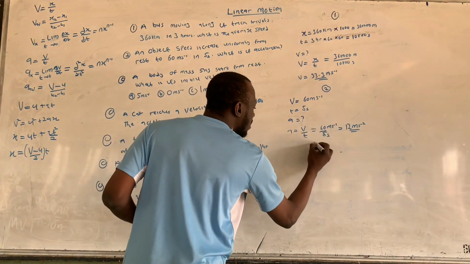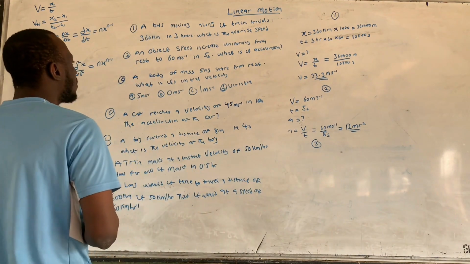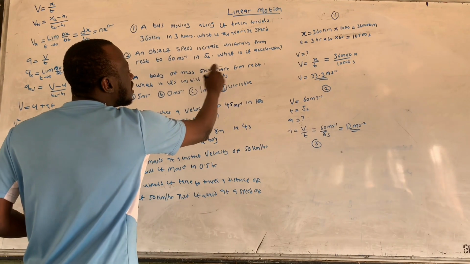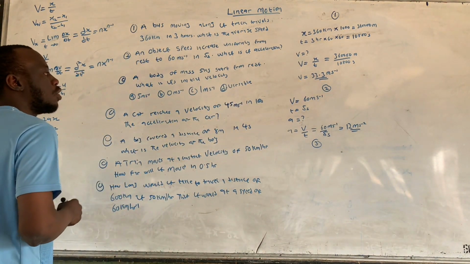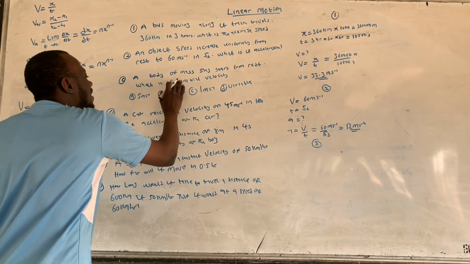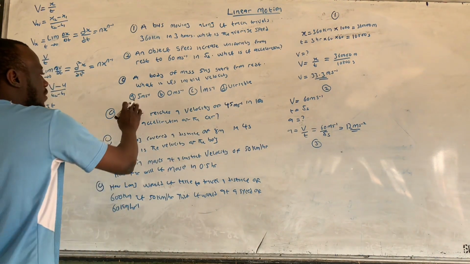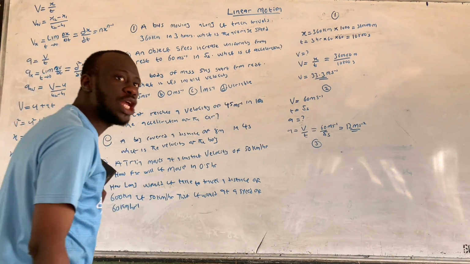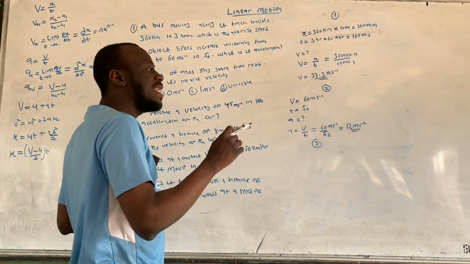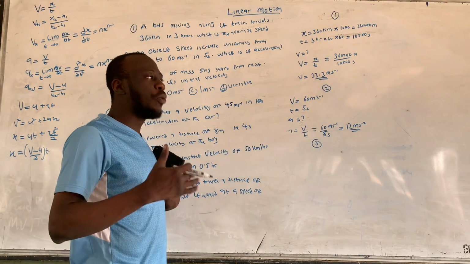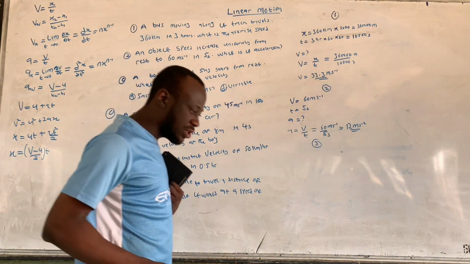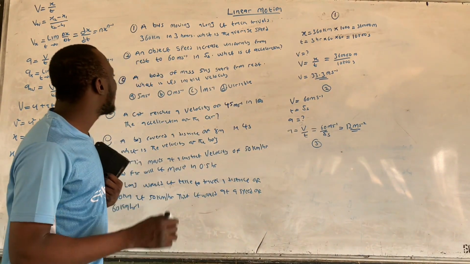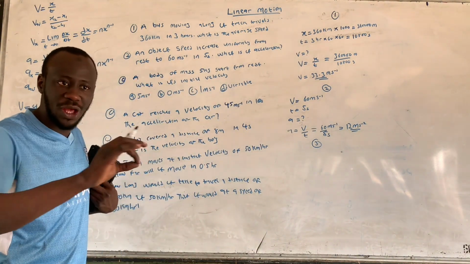Then question 3 goes on to say that a body of mass 5 kilograms starts from rest. What is its initial velocity? Here are the options: 5, 0, 1, and 5. Remember that I told you that any body at rest, meaning it doesn't start moving or walking, is expected to have an initial velocity of 0.